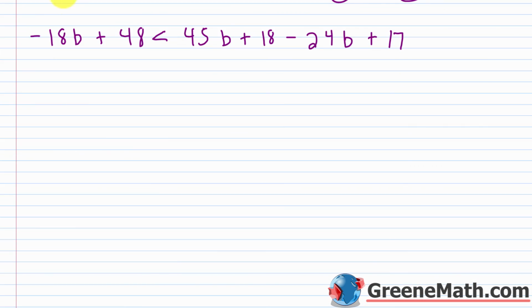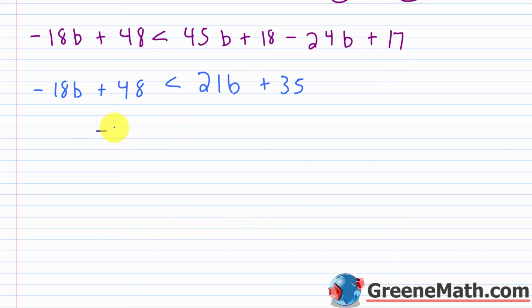All right. So nice and easy now. On this side, I can do a lot of combining. 45 minus 24 is 21. So 45b minus 24b is 21b. Then 18 plus 17 is 35. And over here, I still have my negative 18b plus 48. So I want all of my variable terms on one side, all the numbers on the other.